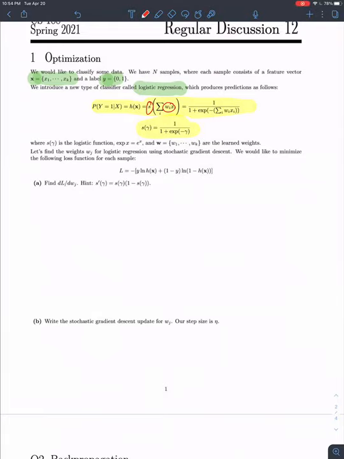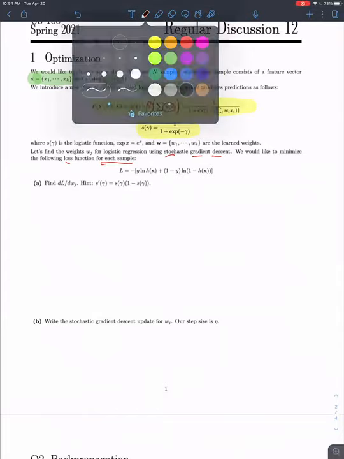So we're going to use stochastic gradient descent. For each sample, we're going to find the loss. So how do we do that? Well, we can just use some math, and it's going to be exciting.